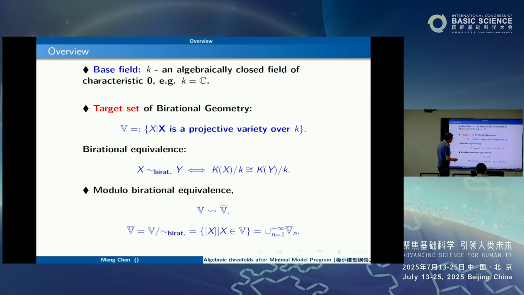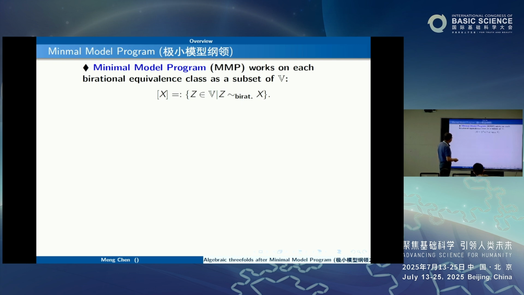Okay, so in dimension 3, the minimal model program was established approximately between the 1980s and 1990.